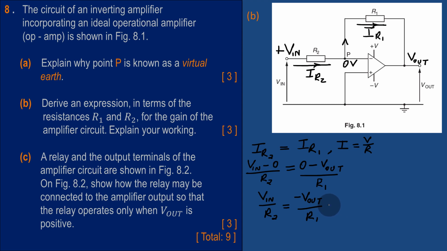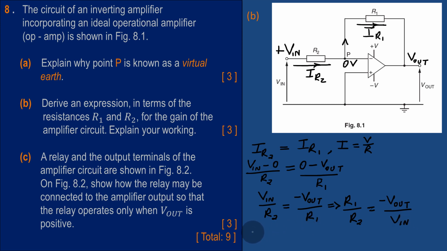So this implies that our R1 over R2, remember I've just shifted my R1 there, or multiplied both sides by R1 and then divided both sides by V in. So it's going to be equal to minus V out over V in.